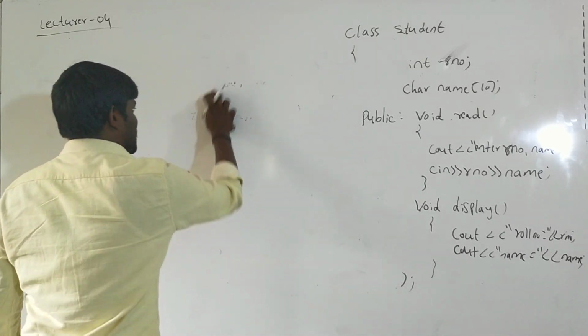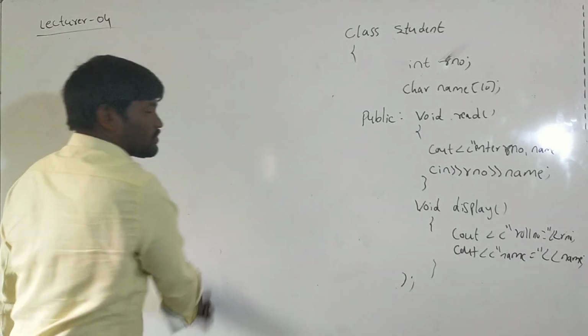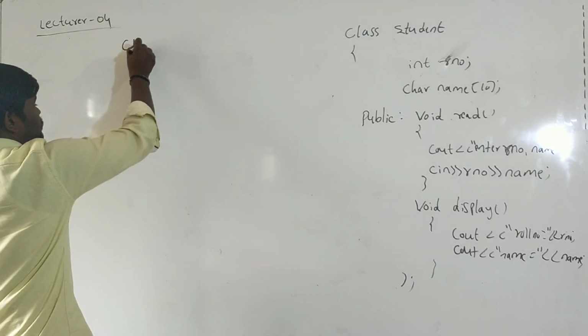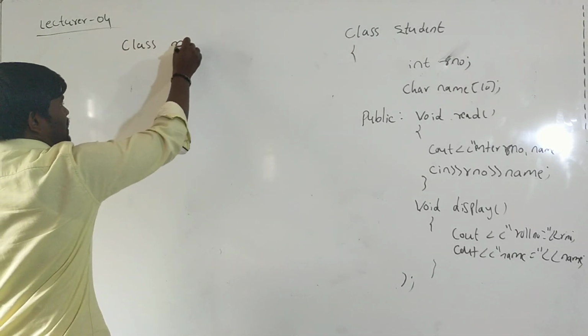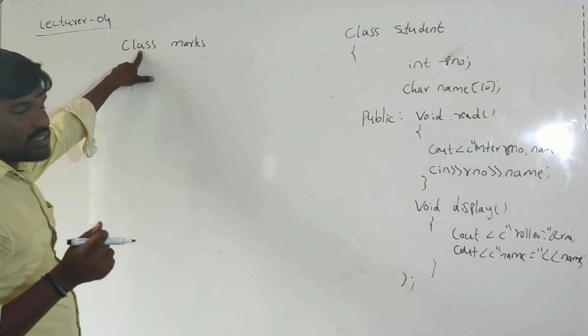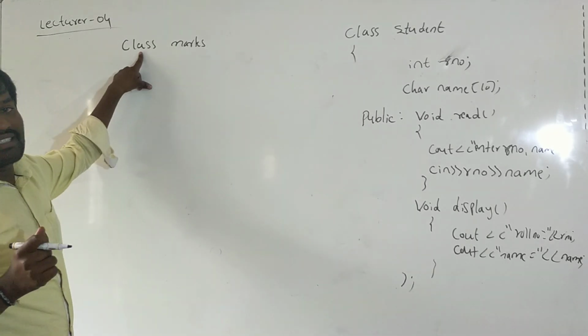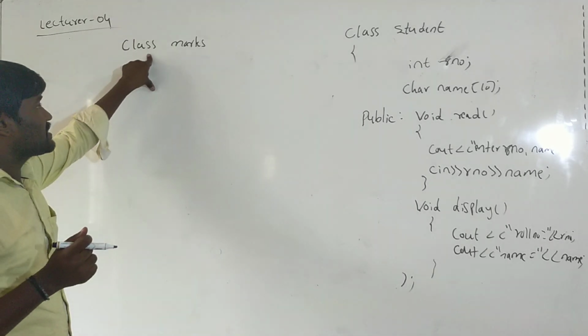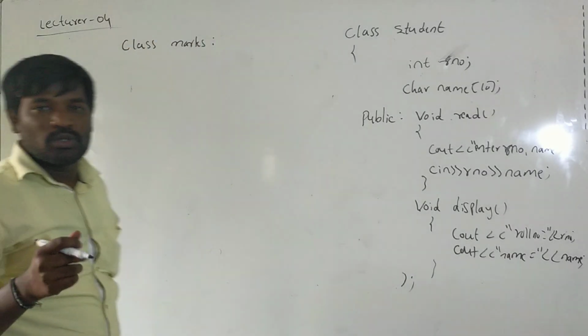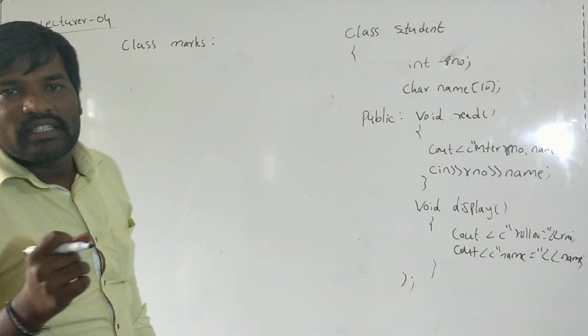In the derived class, you can compute the two subject marks. So I take the class name as marks. Class marks. So how to implement the inheritance? The syntax for the derived class is, first you write the class name, and then you use the colon. Here colon is used to implement the inheritance.